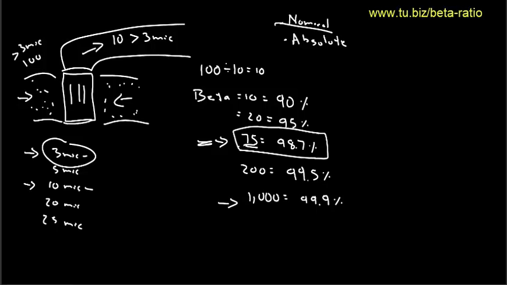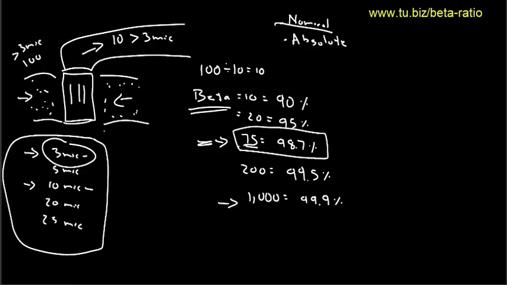So it is important, when you are going to talk about efficiency and the beta ratio, that you also include the micron rating that you're talking about. What is the beta ratio along with the micron rating?